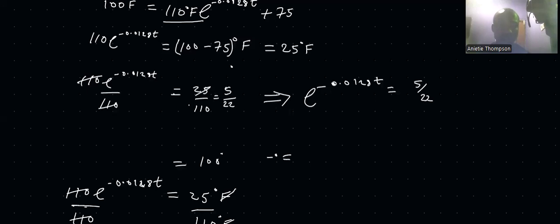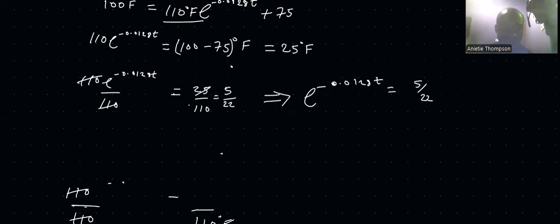So now it implies that exponential minus 0.0128 t is equal to 5 over 22. The next thing we are going to do is take the logarithm to base e of both sides of the equation, just to deal with this e.